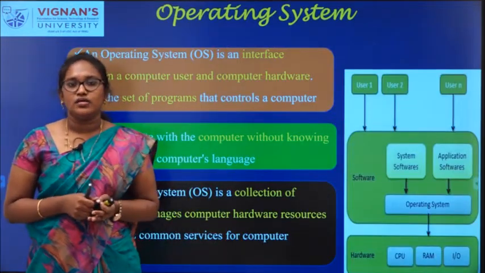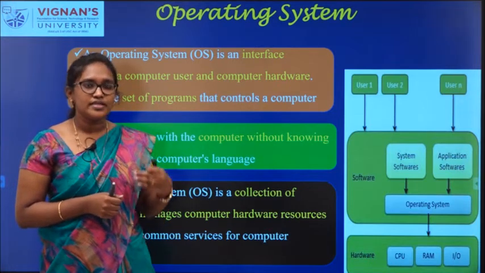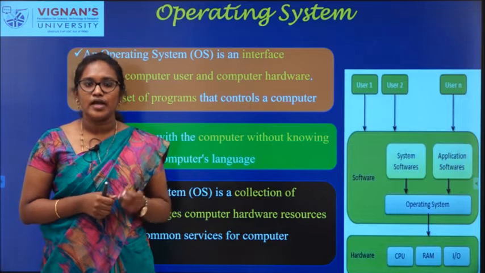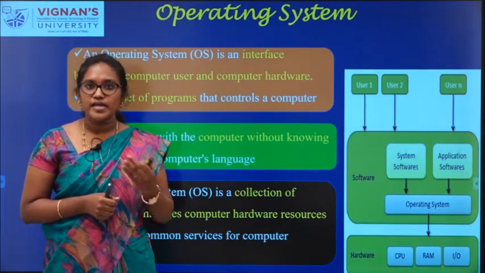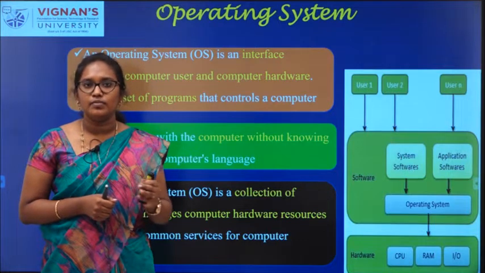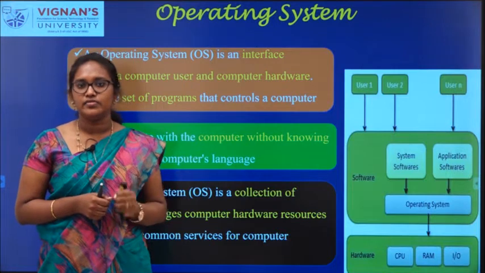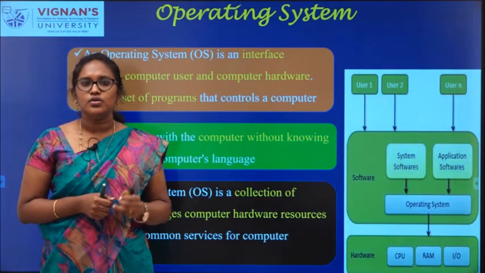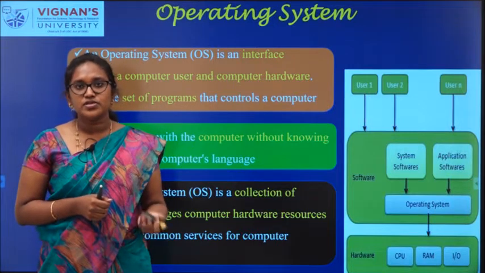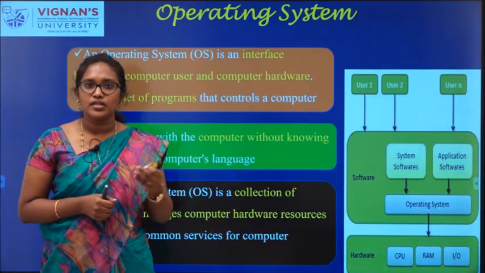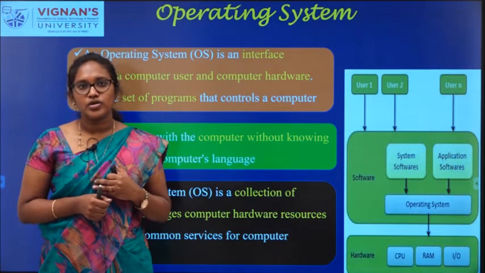Whenever you say operating system, always remember you are sitting in front of your computer and, directly or indirectly, speaking to your computer with the help of commands, right? Nothing but you are communicating with the computer. After you communicate, the computer also replies back to you, yes or no?